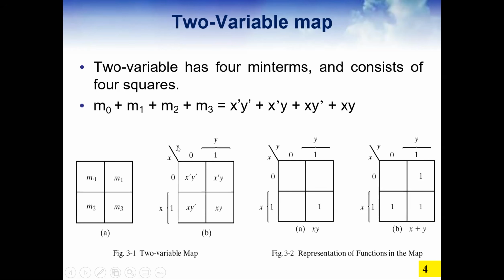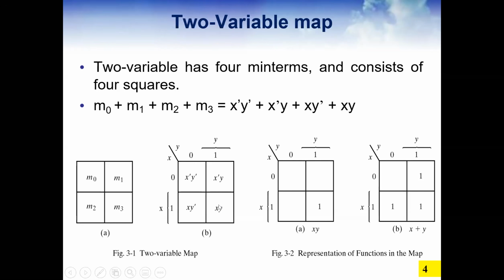And because y is a single variable, it could have value 0 or value 1. So for this square I will say 0, 0. 0, 0 means x complement y complement, so this place is reserved for the M0 entry. Next one, 0, 1, that is x complement y, so this one is reserved for M1. This is for M2, and this one is for M3.